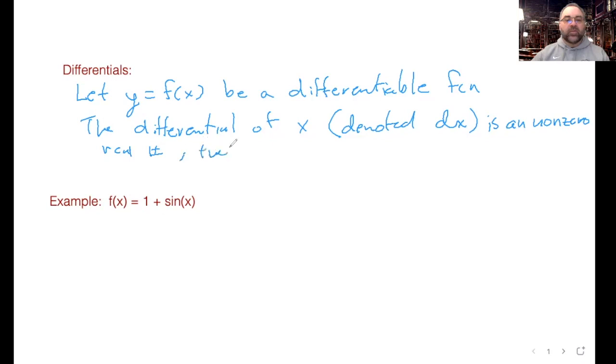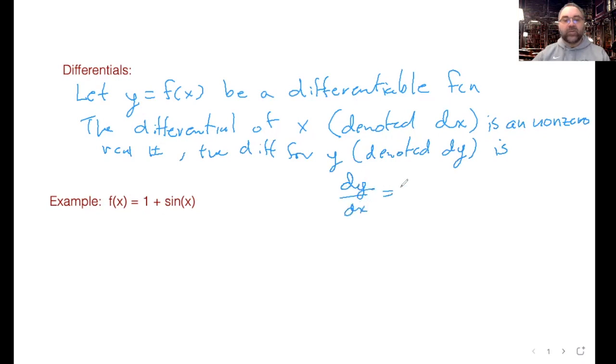The differential for y, which we'll denote dy, is, okay, now I want you to imagine taking the derivative of our function here. So we would take dy over dx, right?